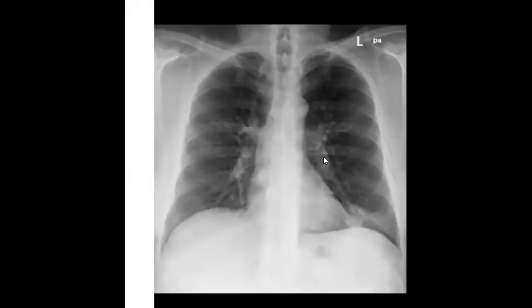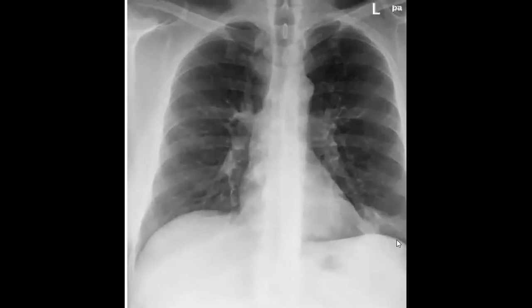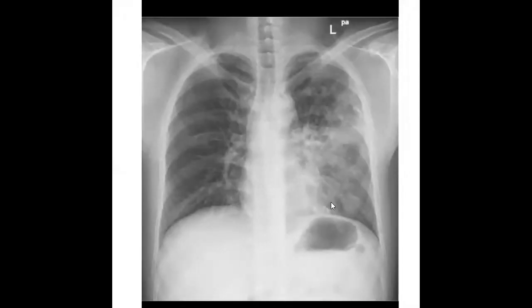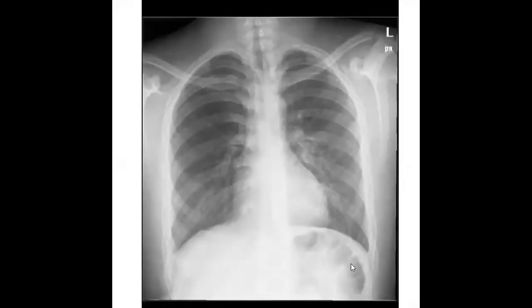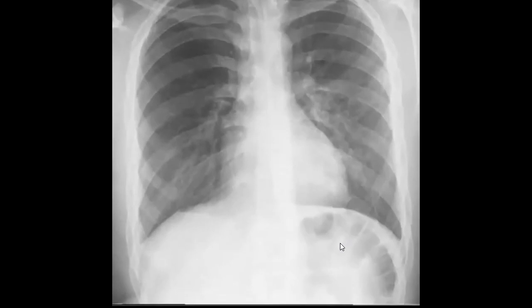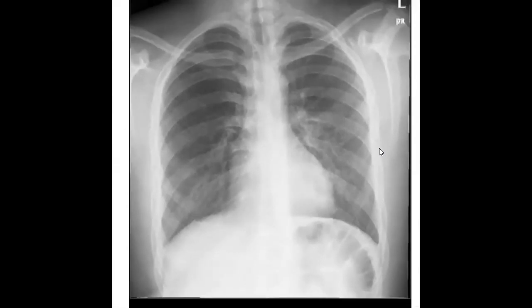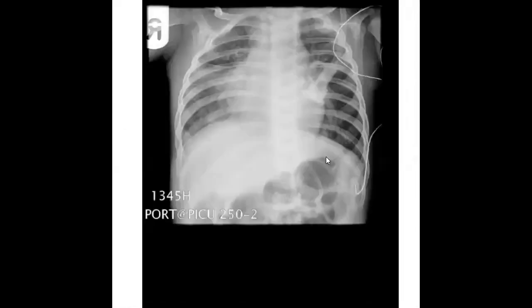And also in practice, I think now it will be easy for you to detect this one, which is consolidation in the left lower lobe. And here there is consolidation in the left upper lobe, and here consolidation in the left middle zone. There is no middle lobe in the left lung, but there is a lingula.